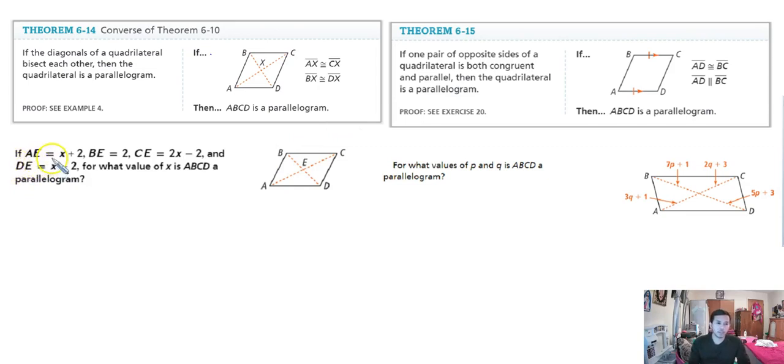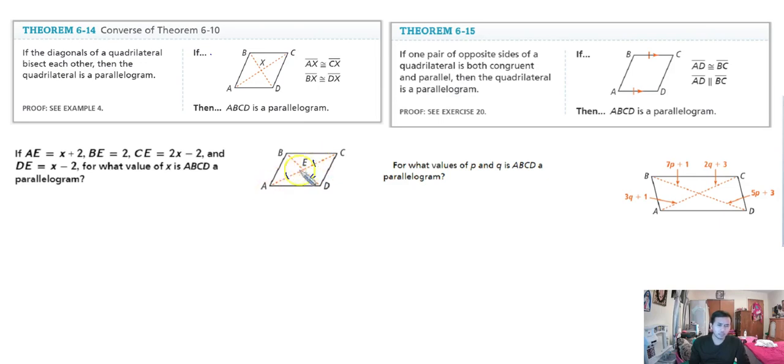AE is x plus 2, CE is 2x minus 2, and DE is x minus 2. For what value of x is ABCD a parallelogram?